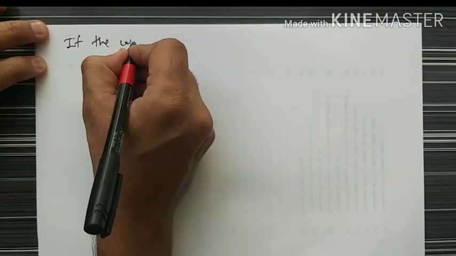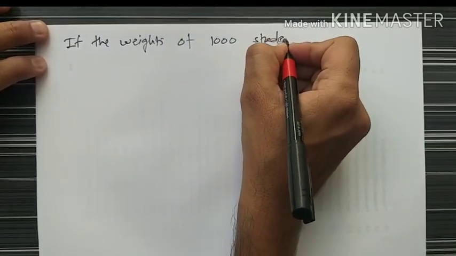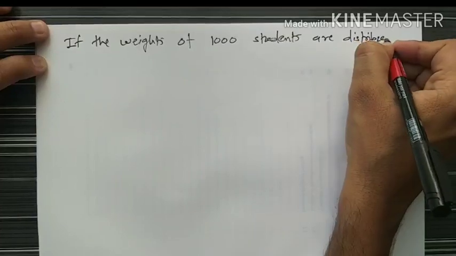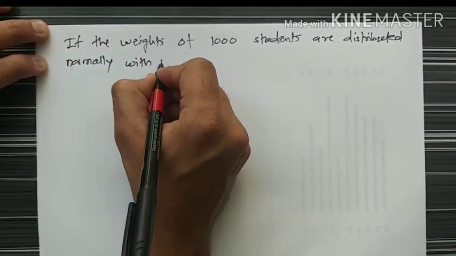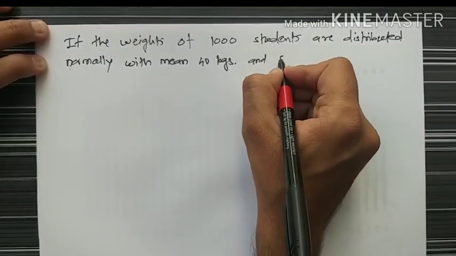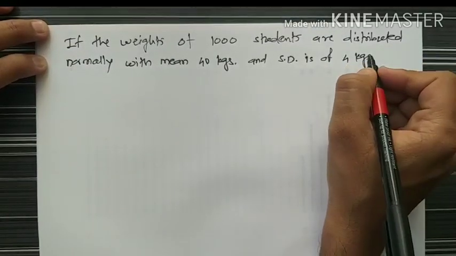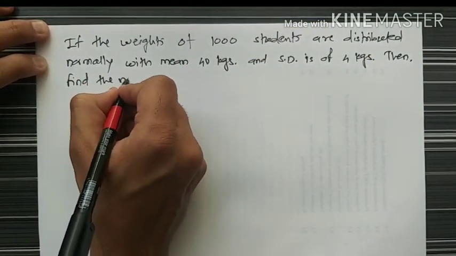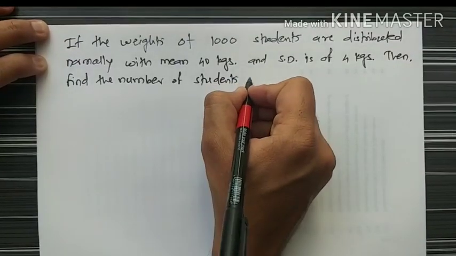If the weights of 1000 students are distributed normally with mean 40 kg and standard deviation SD of 4 kg, then find the number of students with weight.